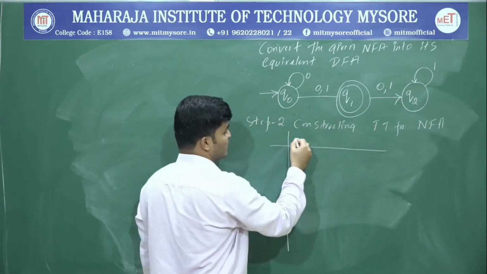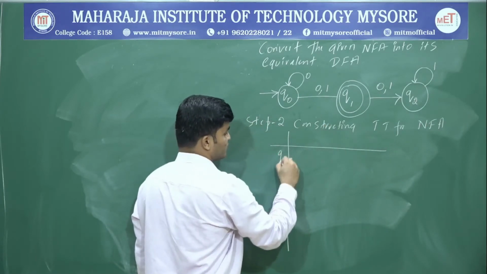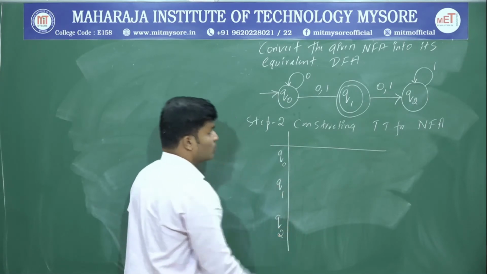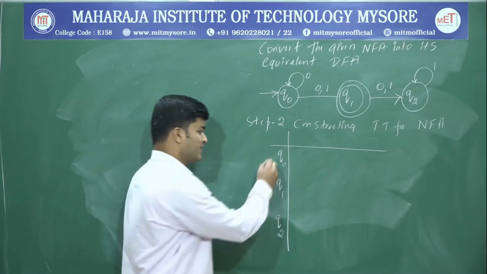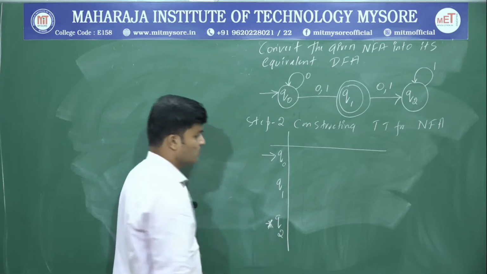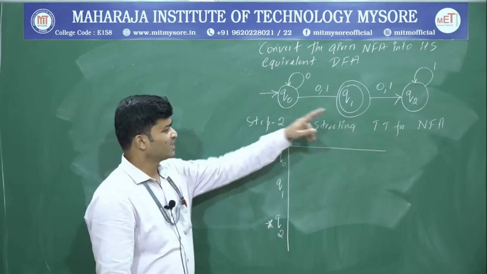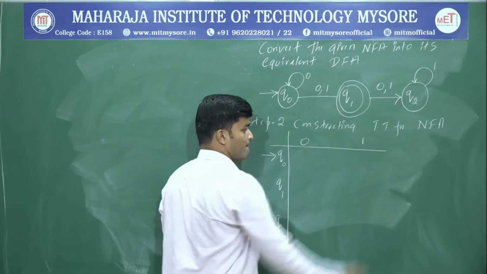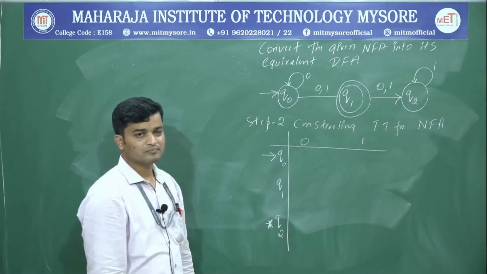So how many states? 3 states: Q0, Q1, Q2, where Q0 is the start state and Q2 is the accepting state. And how many inputs? 0 as well as 1.